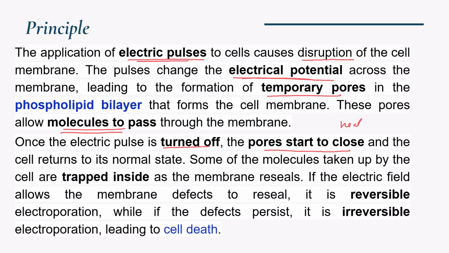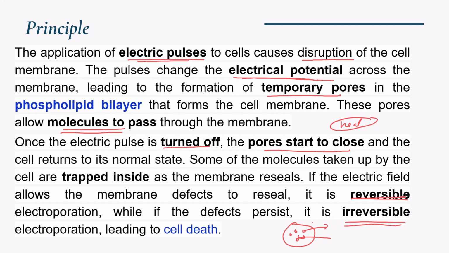So it can be reversible electroporation if the defect heals, that is, if the healing process occurs, it is called reversible electroporation, and if the healing does not occur, it is called irreversible electroporation. And if the healing does not occur, that is, the cells with pores, what happens? The cell will die, because the contents inside the cell get outside and water gets inside, so the osmolarity is disturbed and cell death occurs.